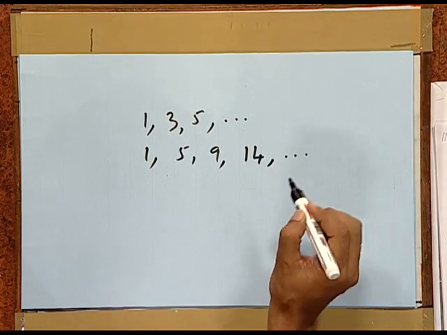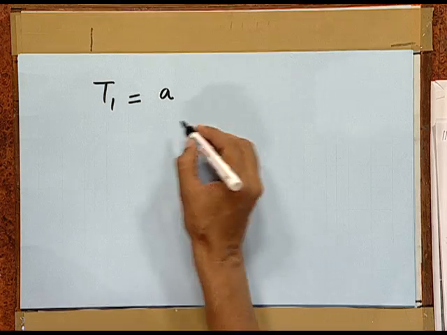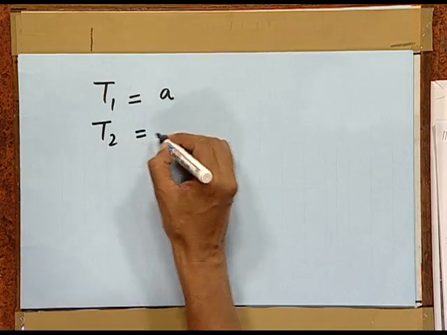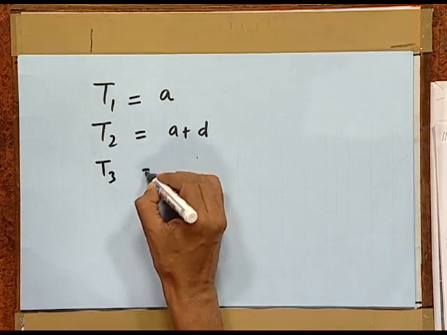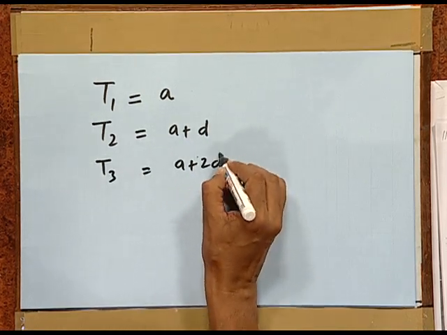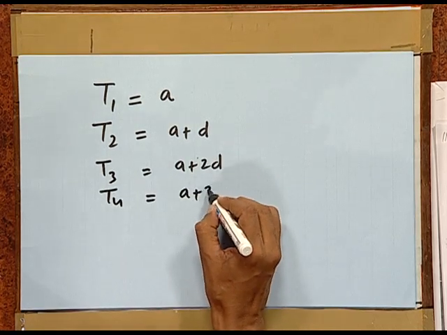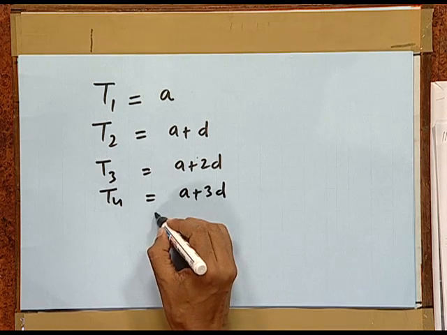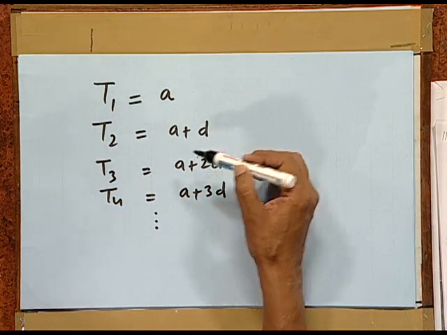14 and so on. In the given sequence, we have T1, that is the first term, which is just A. T2, that is the second term, is A plus D. T3 is A plus 2D. Similarly, T4 is equal to A plus 3D and so on. Now, you can observe that the number of D's here has some link with the number of terms.